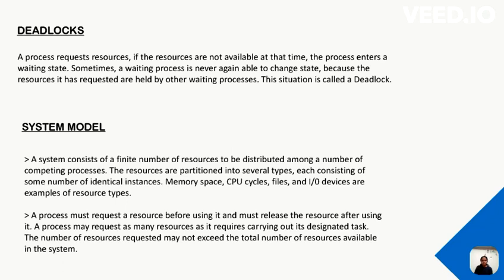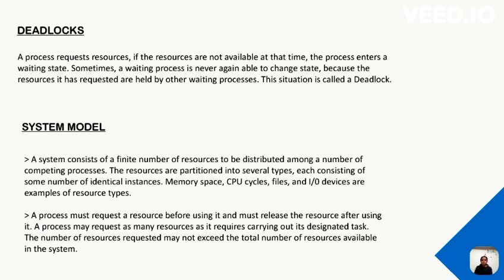System model of deadlocks. A system consists of a finite number of resources to be distributed among a number of competing processes. The resources are partitioned into several types, each consisting of some number of identical instances. Memory space, CPU cycles, files, and input output devices are examples of resource types.